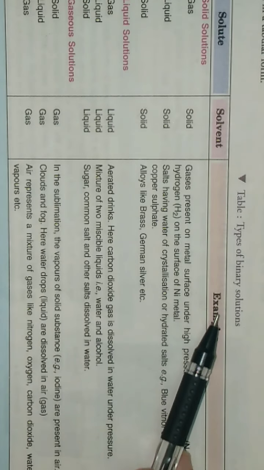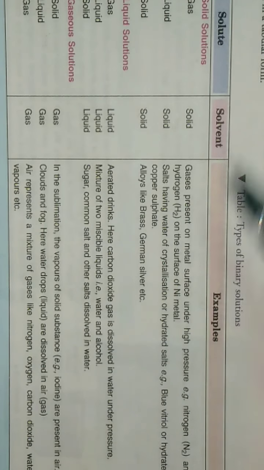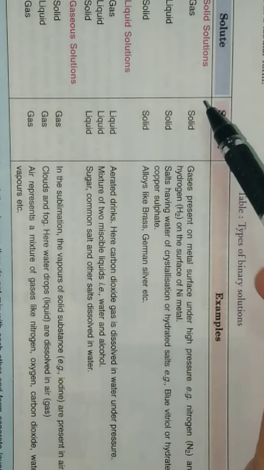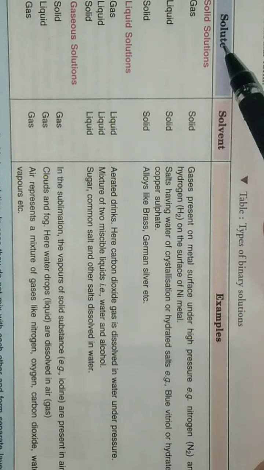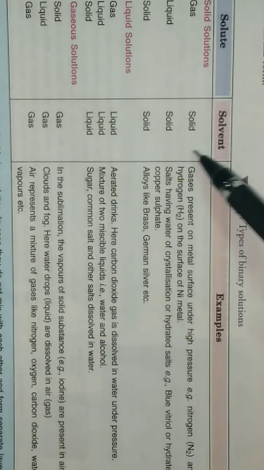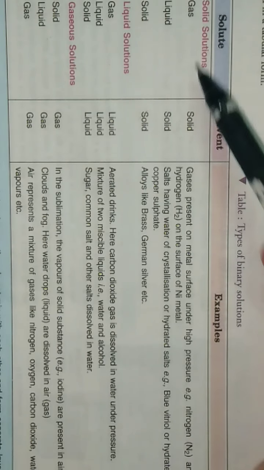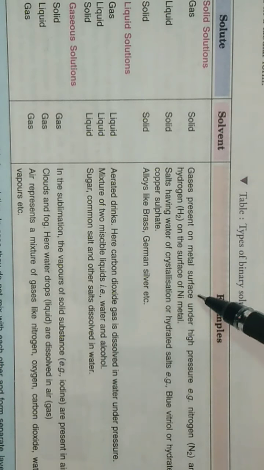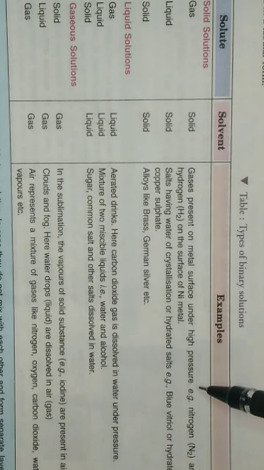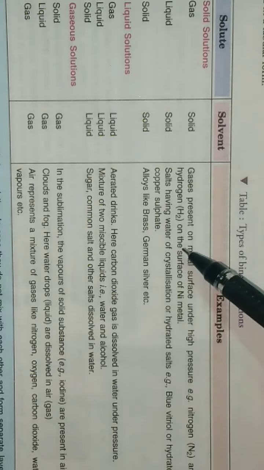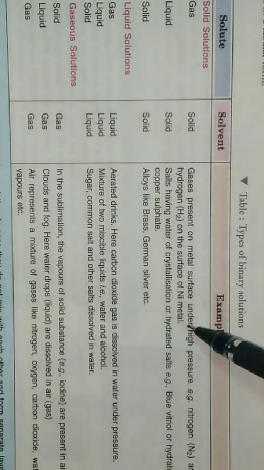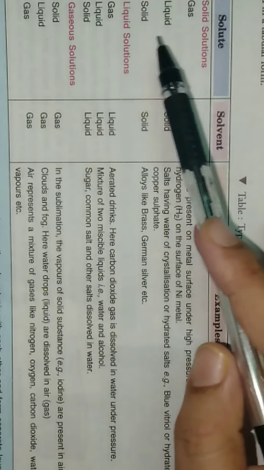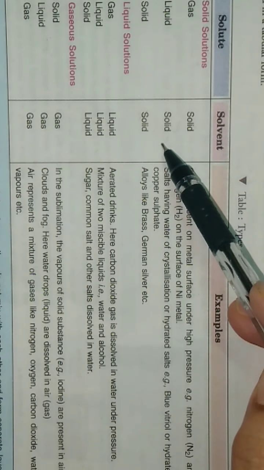Now the types of binary solution: solute, solvent, and examples. Solid solution: solute gas and solvent solid, both mixed with each other. Example: gases present on a metal surface under high pressure, for example nitrogen and hydrogen on the surface of nickel metal. Clear, students? Next, solute is liquid and solvent is solid.